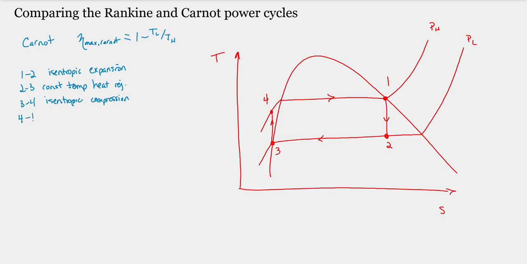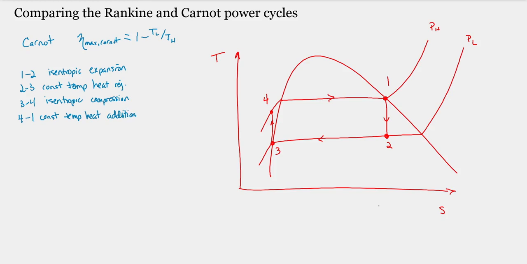And then 4 to 1, to complete that loop in the cycle, was constant temperature heat addition.